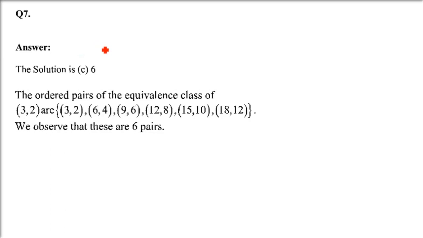Question number 7. Let A equals {2, 3, 4, 5, ..., 17, 18}. A is 2, 3, 4 and this goes up to 17, 18. Now, there is an equivalence relation. The symbol of this equivalence relation is a tilde.